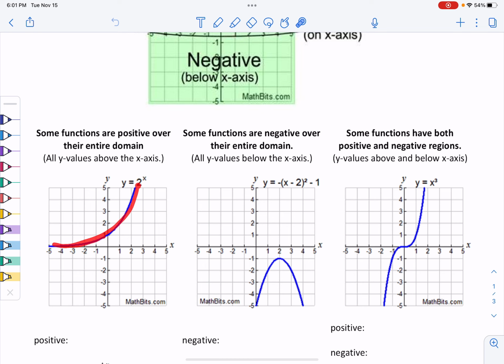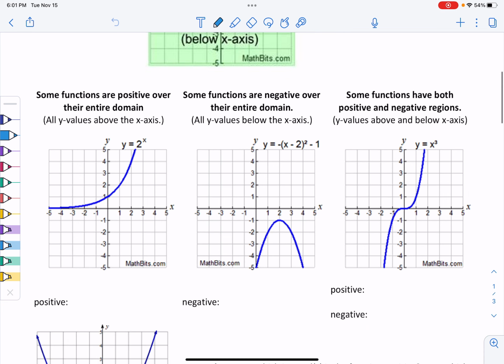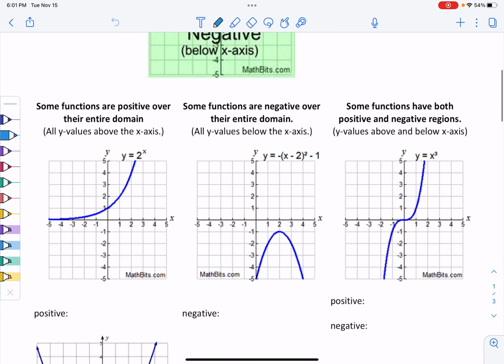But it always sits above the x-axis. So this means it's positive over its entire domain. This function is positive over all real numbers, so I could say from negative infinity to infinity.